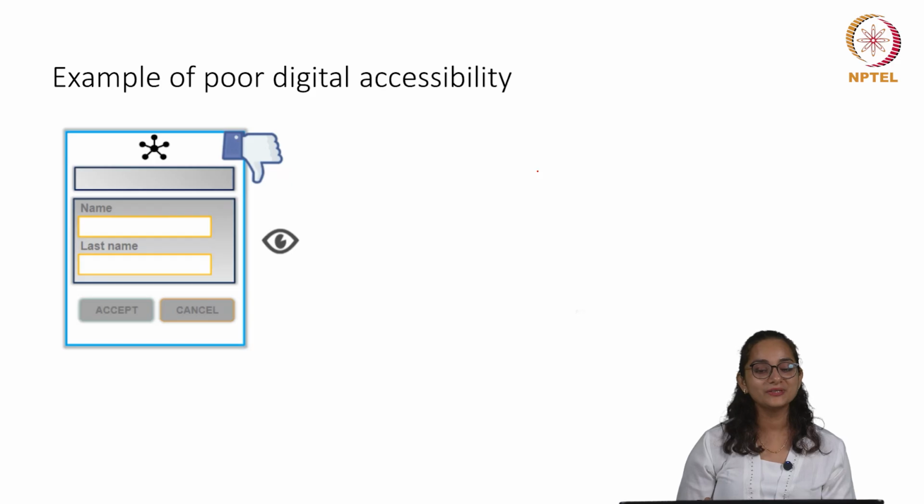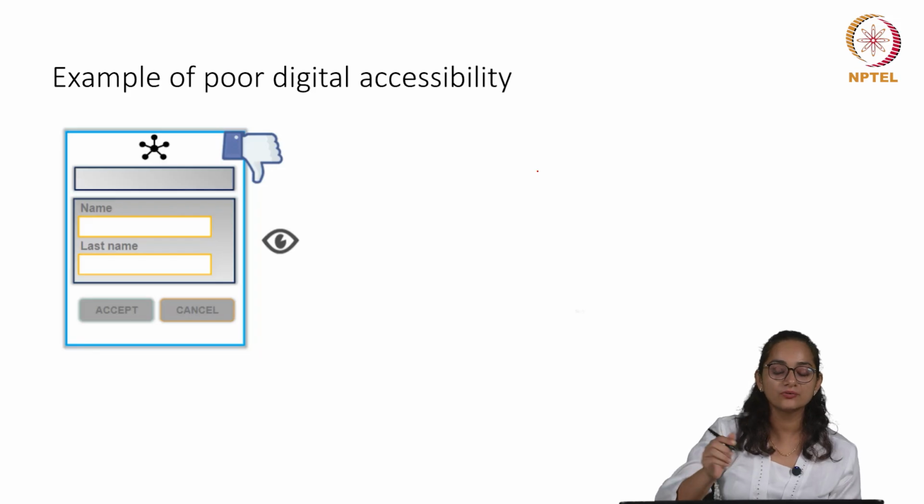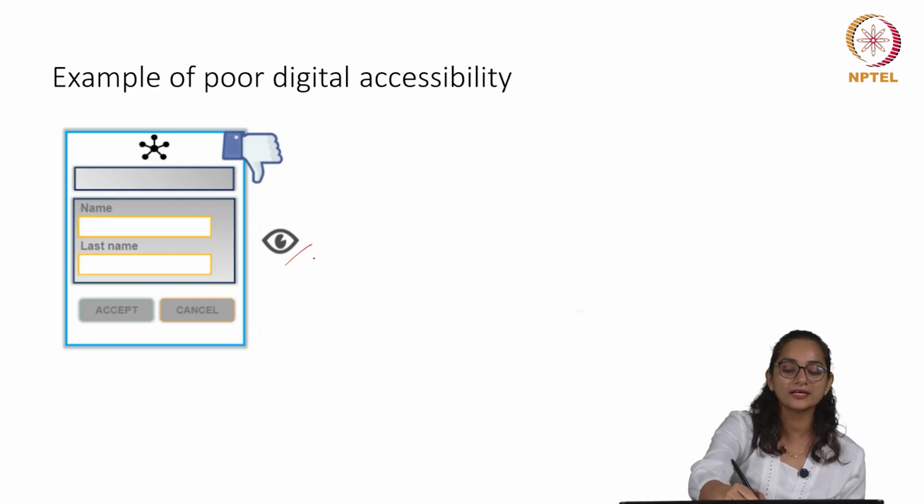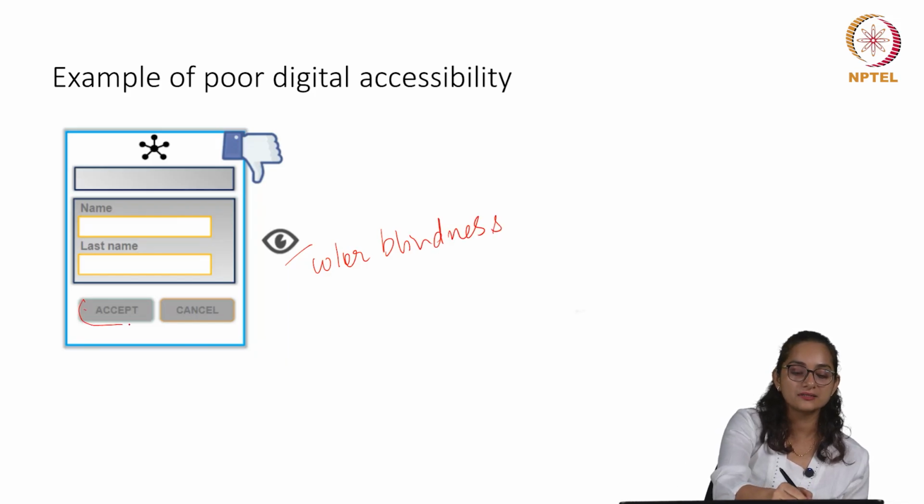So for example, if we look at this dashboard where the person is supposed to enter a name or a last name and then press accept or cancel. For persons who have color blindness, these color outlines are not visible.